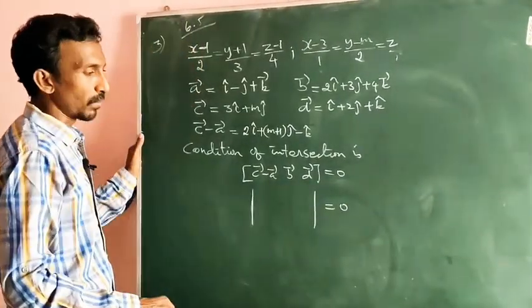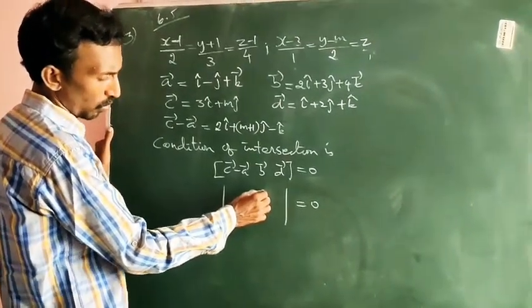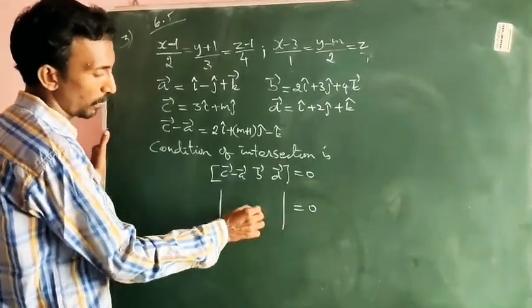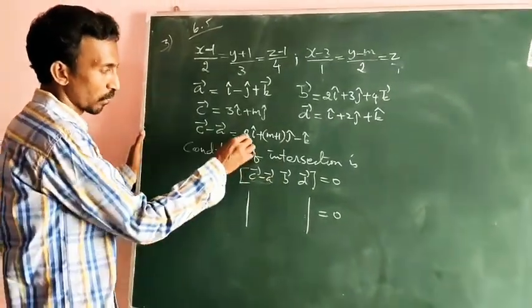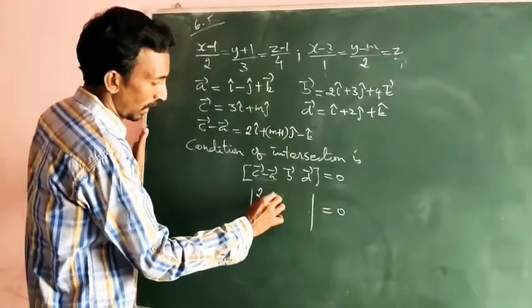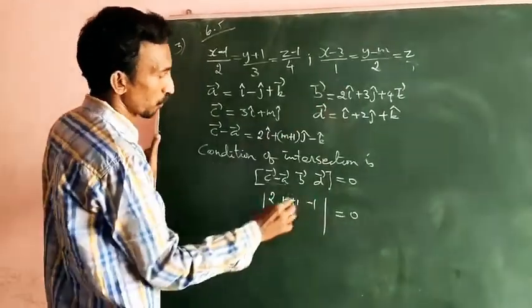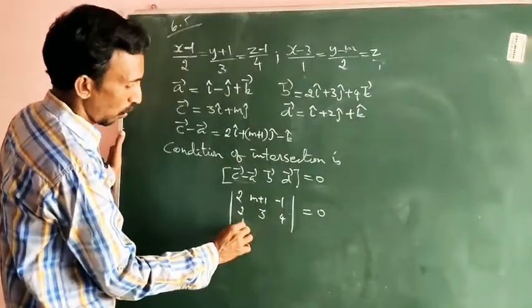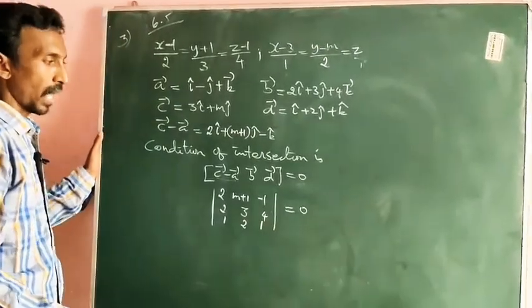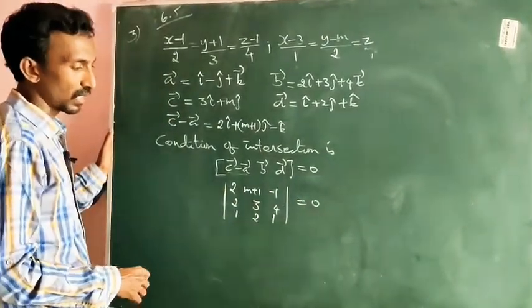So c minus a means x2 minus x1, y2 minus y1, z2 minus z1, then b1, b2, b3, d1, d2, d3. Already we found c minus a: 2, m plus 1 and minus 1. Then b: 2, 3, 4 and d: 1, 2, 1. Now they are intersecting, therefore the determinant value is equal to 0.